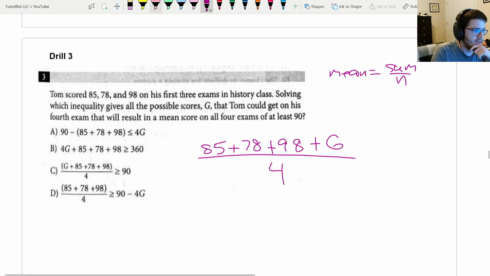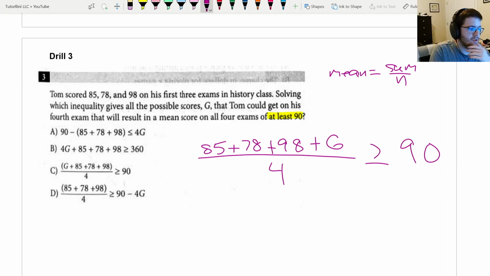And it says he wants to get at least a 90. So remember we said at least means greater than or equal to. So we're going to put greater than or equal to 90, and I don't think there's anything else we need to do. I think this is just answer choice C. Maybe I'm missing something. Let me check. No, the answer is C.